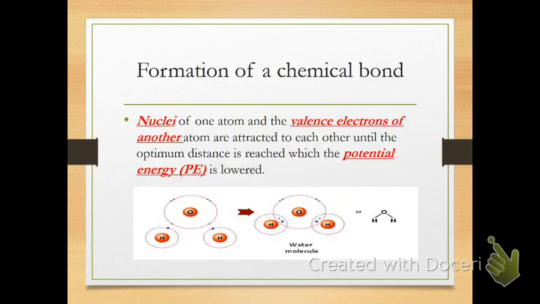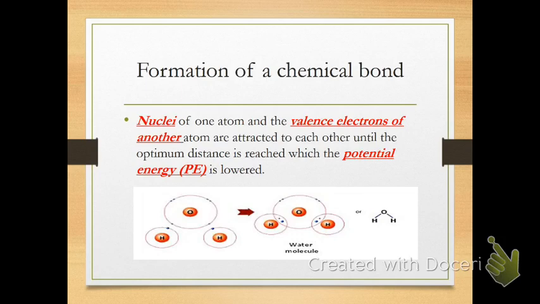Okay? How is a bond formed? It is the nuclei of one atom being attracted to the valence electrons of the other nearby atom. Okay? Because it still has to be a nucleus that's pulling in on those electrons, because opposites still attract. So if I can get the nuclei of one atom close enough to the valence electrons on a nearby atom, I can form a bond.